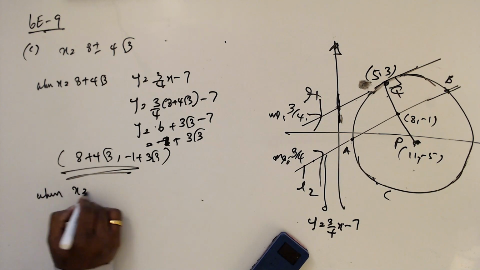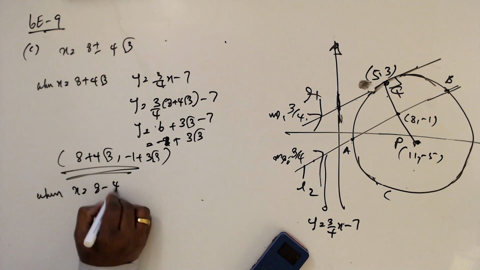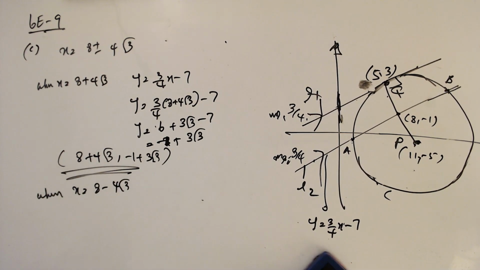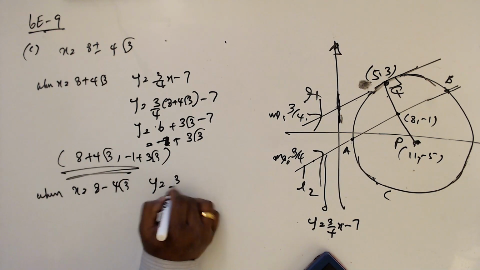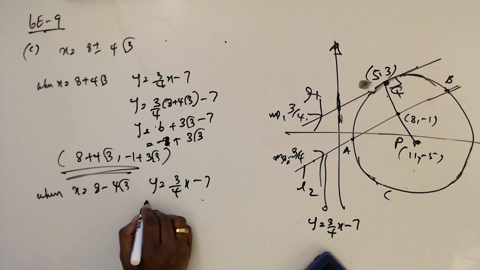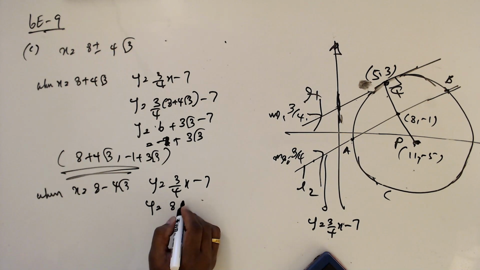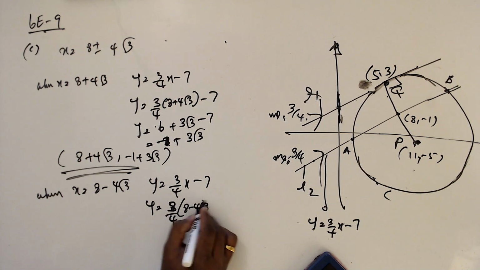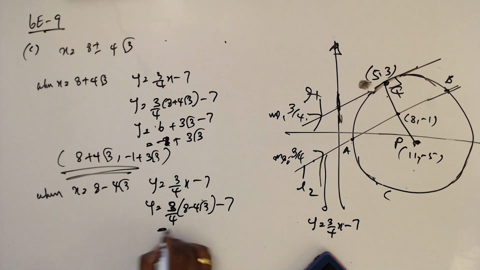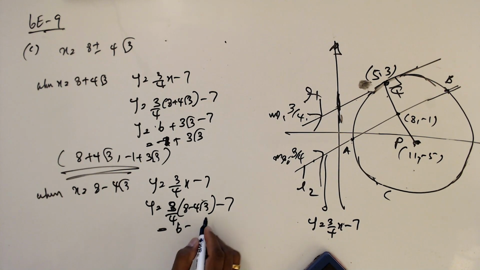When x equal 8 minus 4 square root 3, y equal 3/4 x minus 7, y equal 3/4 times (8 minus 4 square root 3) minus 7. This is going to be again 6, 6 minus 3 square root 3 minus 7.